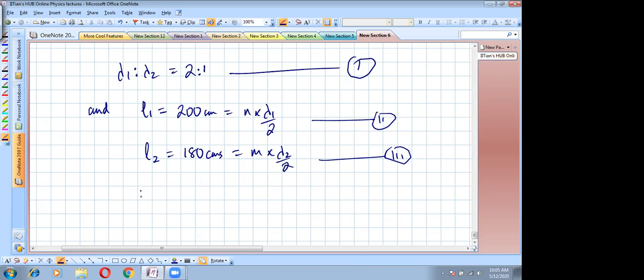So if you just do equation 2 divided by equation 3, you get on this side 200 by 180. That should be equal to n by m, lambda 1 by lambda 2.